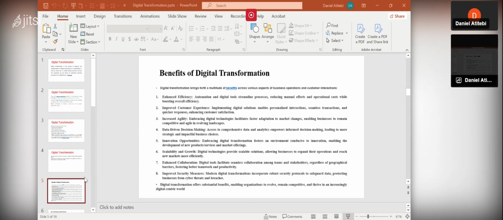Enhanced collaboration. Digital tools facilitate seamless collaboration among teams and stakeholders, regardless of geographical barriers, fostering better teamwork and productivity. So digital transformation can help your organization to improve security measures. Modern digital transformation incorporates robust security protocols to safeguard data protection.